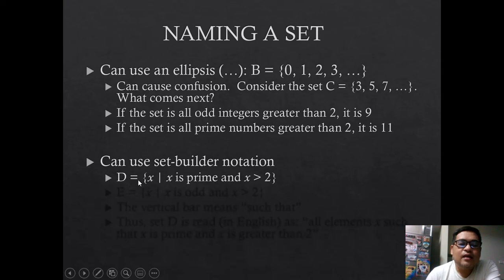Set D is a set of X such that X is prime and X is greater than 2. Another example: E is a set of X such that X is odd and X is greater than 2. I'll repeat. Set E is a set of X such that X is odd and X is greater than 2.